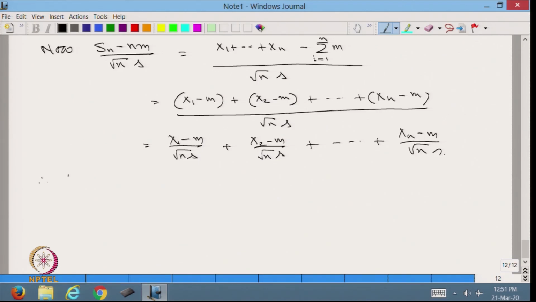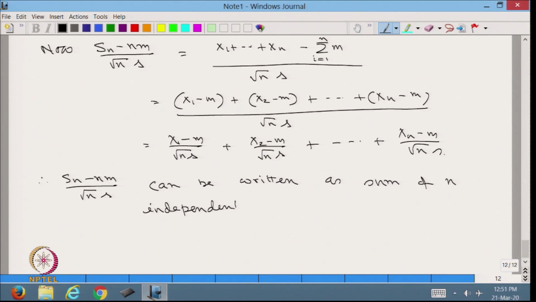Therefore, Sn minus Nm upon root over ns can be written as a sum of n independent identically distributed random variables.